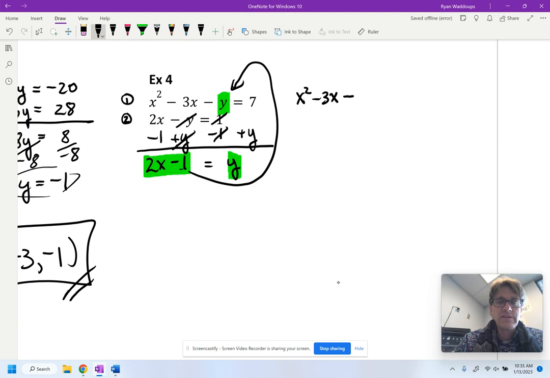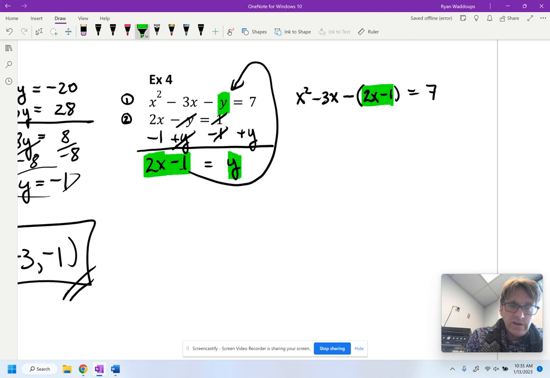So I got x squared minus 3x. I need to put it in parentheses. Minus 2x minus 1, close parentheses, equals 7. That's minus y, which is 2x minus 1, so just put that in there. But you do need to put it in parentheses, otherwise your signs aren't going to come out right.